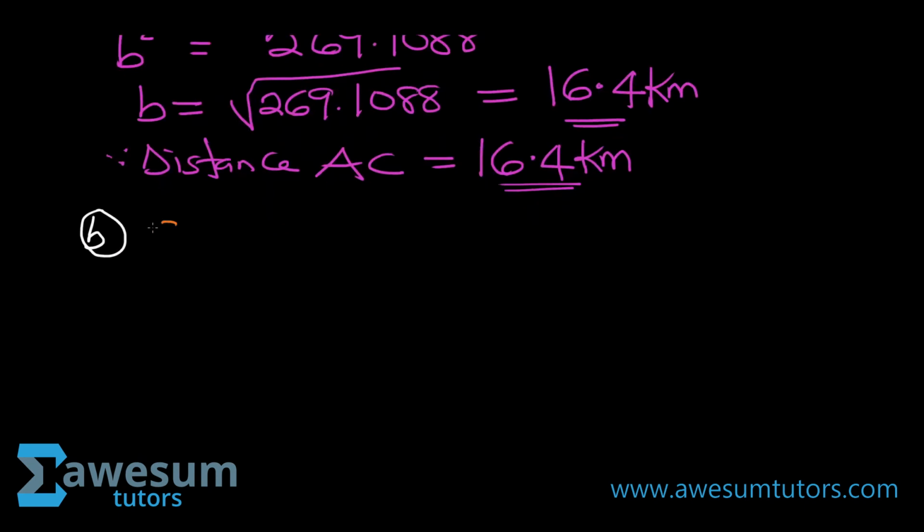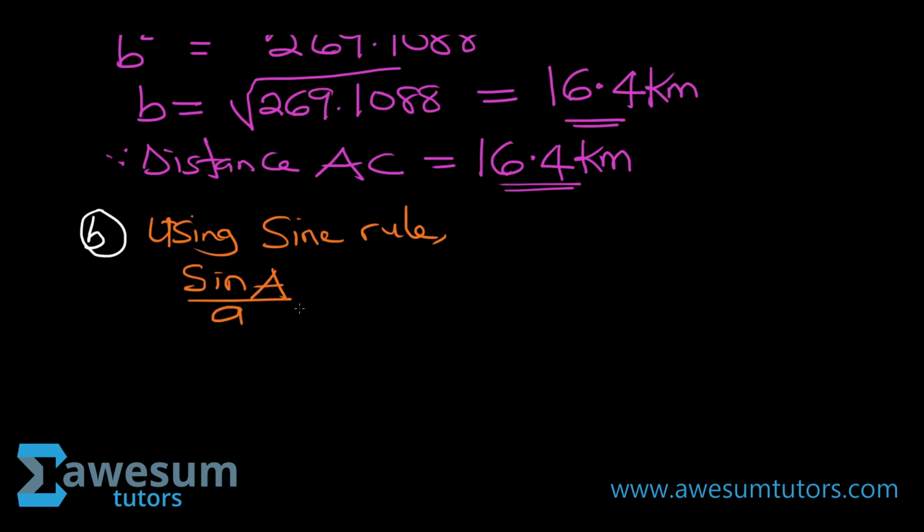Using the sine rule, the sine rule says that sine A over small a, which is the side A, equals sine of angle B over the side of B. Now sine A, that's sine of angle A, is what we are looking for.